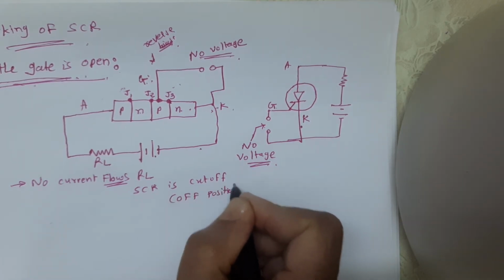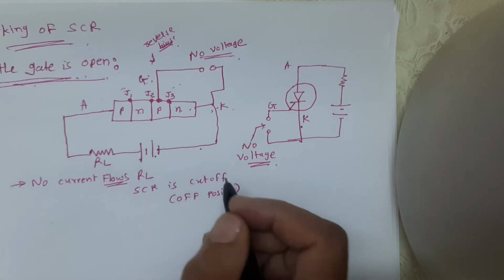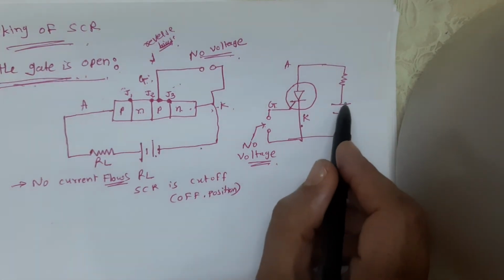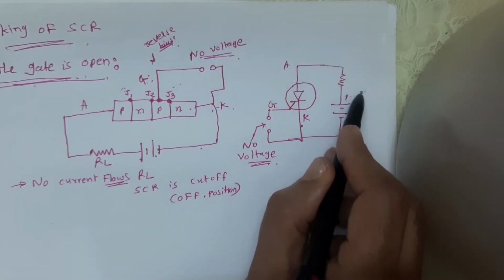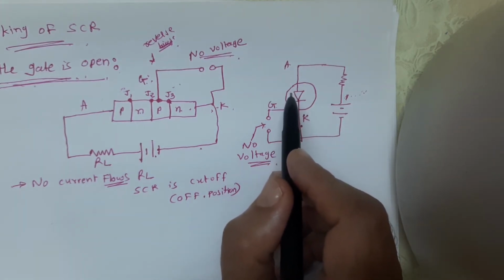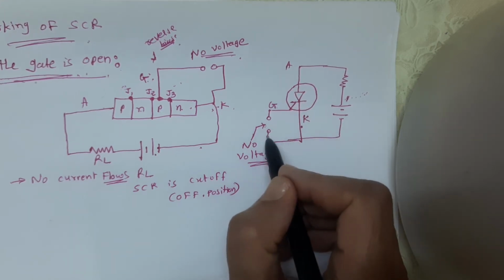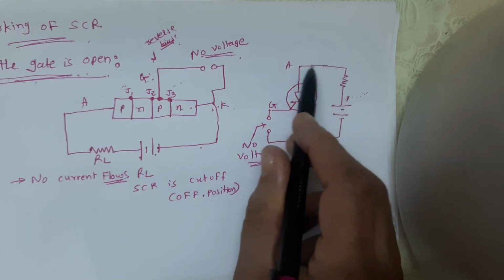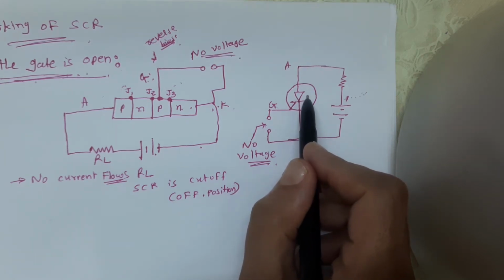However, if the applied voltage is gradually increased, a stage is reached when the reverse biased junction J2 breaks down. If we increase this voltage, 1 volt, 2 volt, 3 volt, up to 10 volt, 12 volt, at some point junction J2 breaks down and the SCR conducts. With no voltage between gate and cathode and a very small voltage between anode and cathode, the SCR is switched off, that means cut off.